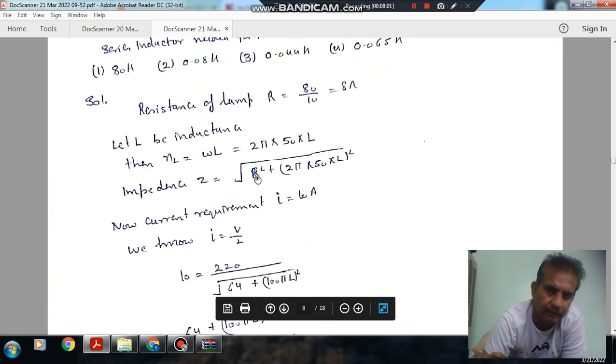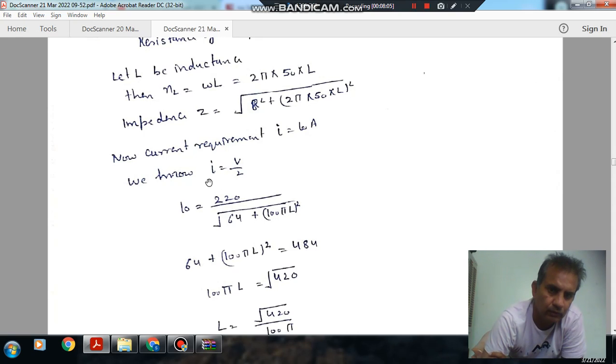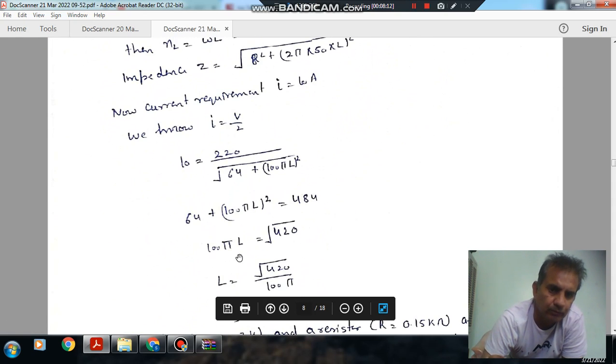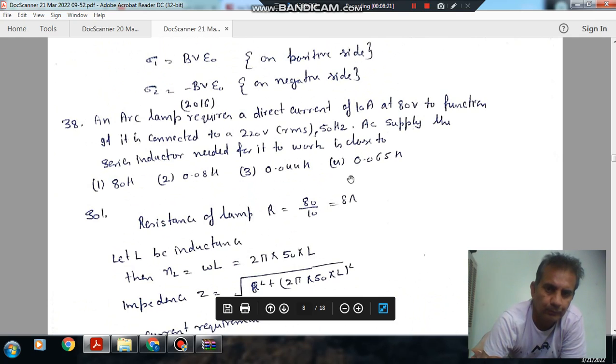Here R is 8, and L we don't know, and the current flowing is 10 ampere. So from this we can find the inductance of the coil, that is 0.065 Henry. So the answer is option 4.